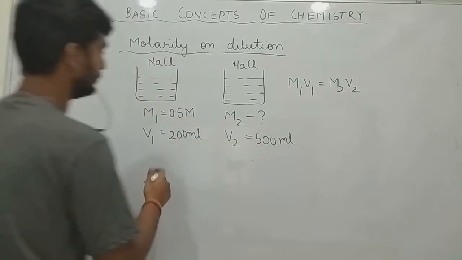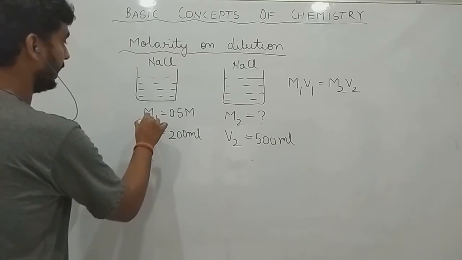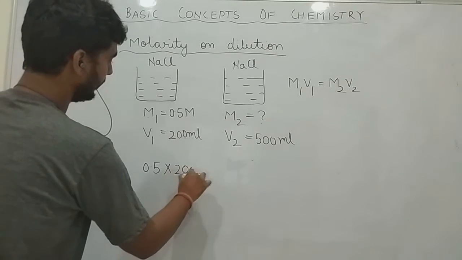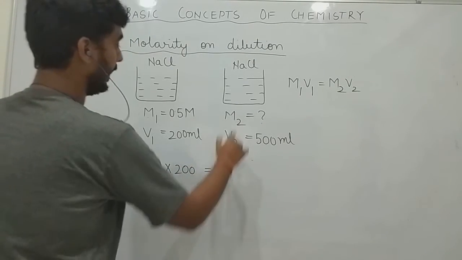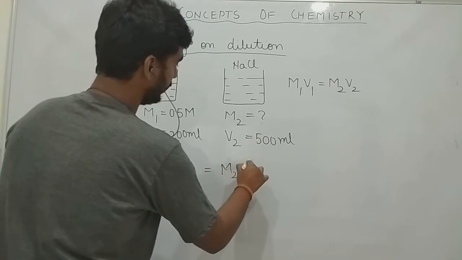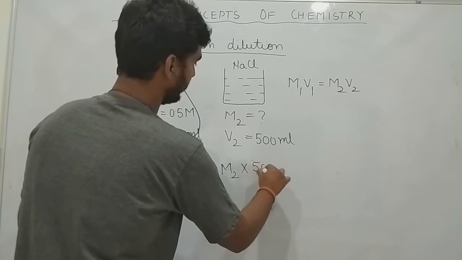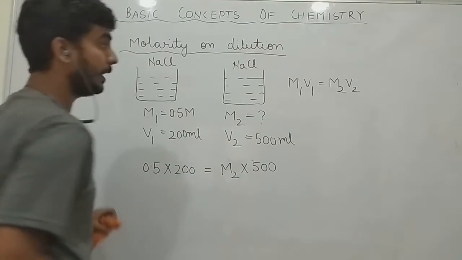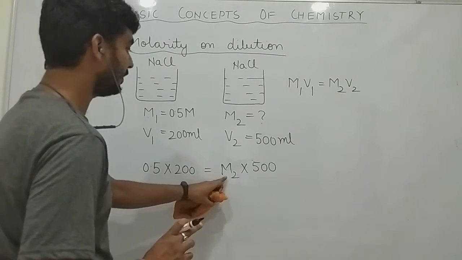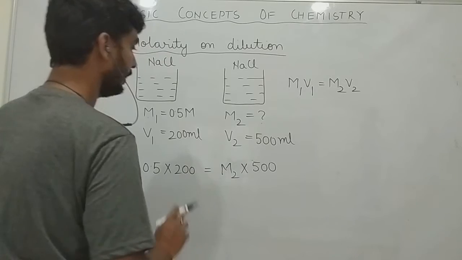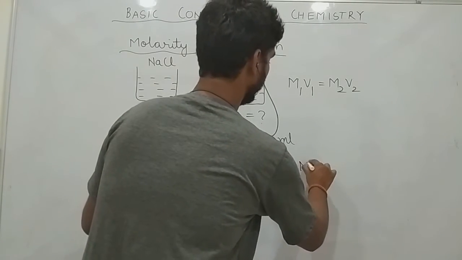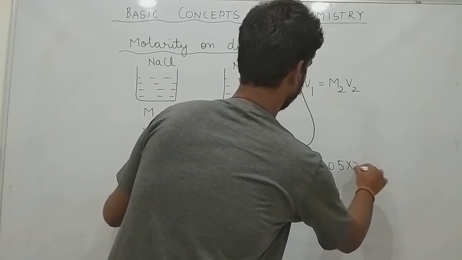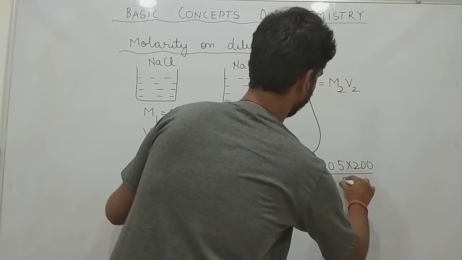Simply we will substitute. M1 V1 is 0.5 into the volume 200 ml, equal to M2, which we want to find out, into V2, 500 ml. So you can simply find M2. It is a simple mathematical calculation. M2 will be 0.5 into 200 divided by 500.